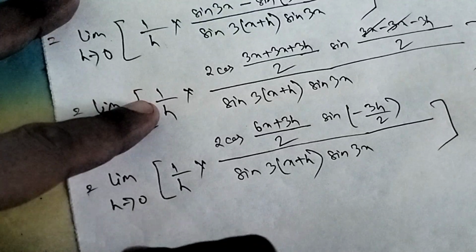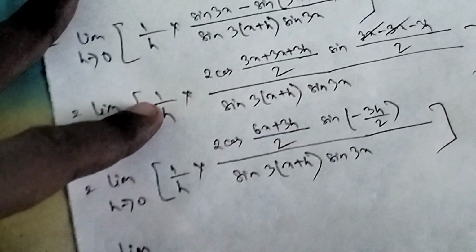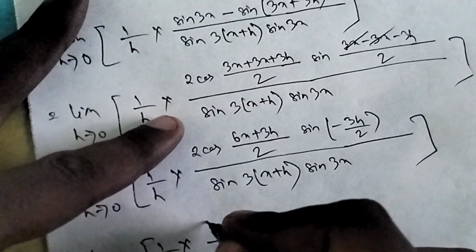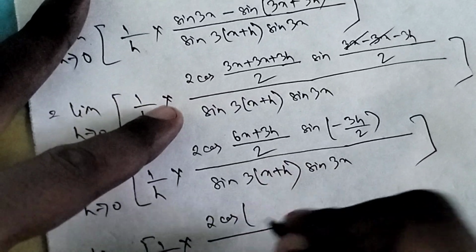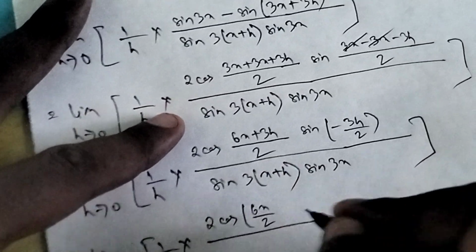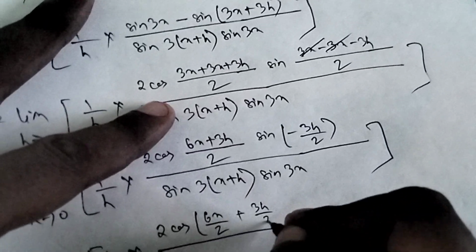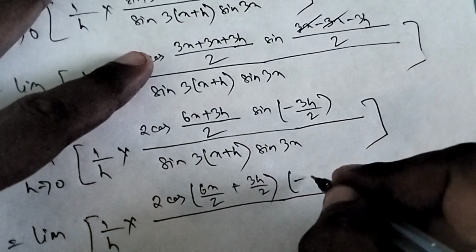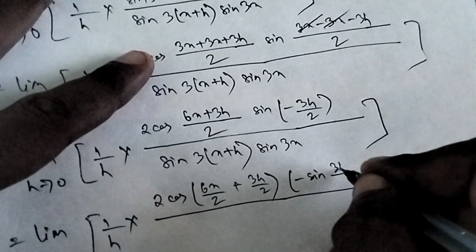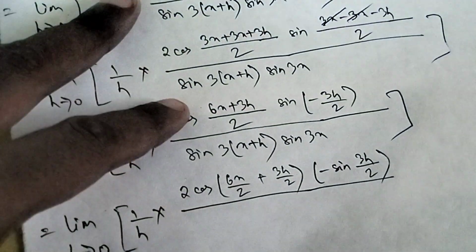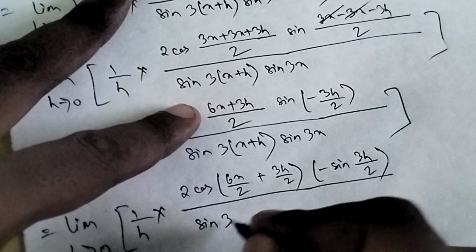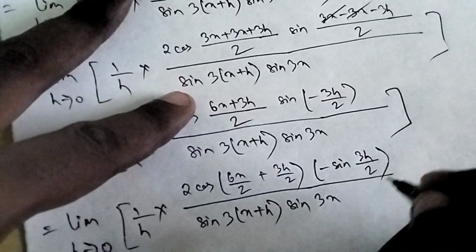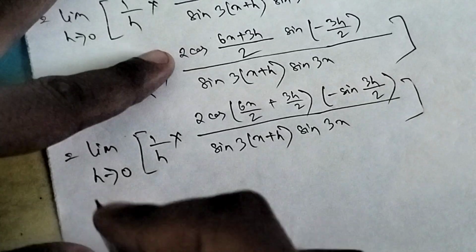So this will be 2 cos (6x by 2 plus 3h by 2), and sine of minus 3h by 2 will be minus sine 3h by 2, and in the denominator sine 3 into (x plus h) sine 3x.